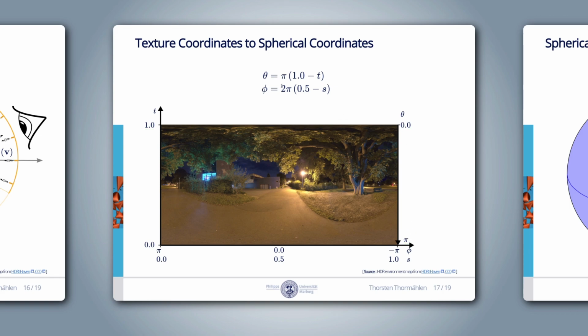Consequently, the mapping is pi times (1 minus t). For the azimuthal angle phi, the choice of the origin is a matter of taste. I have chosen the origin of phi to be in the center of the image. When the s-coordinate goes from 0 to 0.5 to 1, phi goes from pi to 0 to minus pi. Therefore, the mapping is 2 pi times (0.5 minus s).